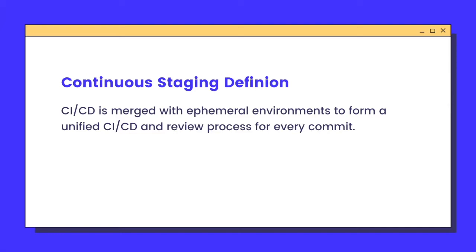If you can set up the website and the backend and the database, then it's relatively easy to run tests, because tests are usually much easier to run than the entire backend. At its logical conclusion, this concept becomes continuous staging, where CI/CD and ephemeral environments form a single CI/CD flow, where a single base sets up all of the requirements for everything, and then that forks off into the unit tests, but also the server, but also the review environment, but also the linter. Just everything comes from that common base.